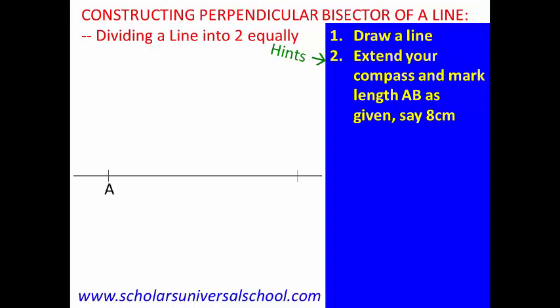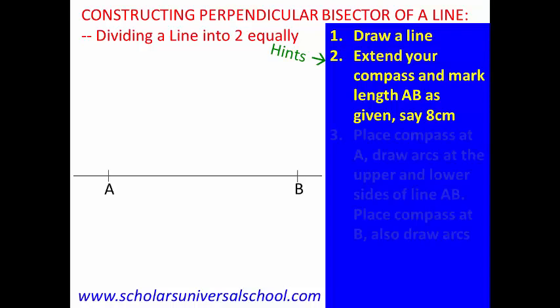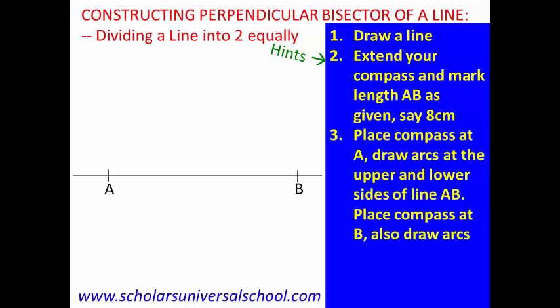Then, can you see I've labeled my AB, and place your compass at A. So if you have used XY, you can place your compass at X. But here I'm placing it at A because I'm using AB.